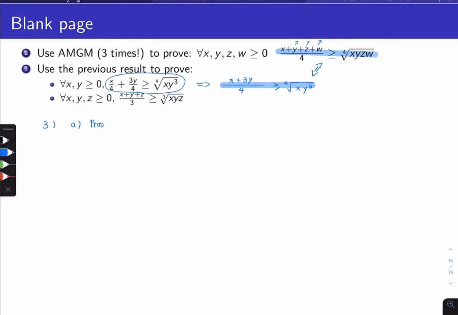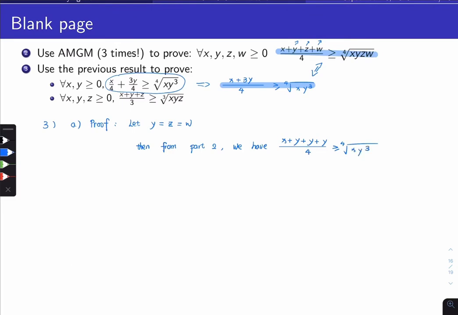I hope everyone can see this. Let's let y equal z equal w. Then from part 2, we have (x plus y plus y plus y) over 4 is greater than or equal to the fourth root of xy cubed.